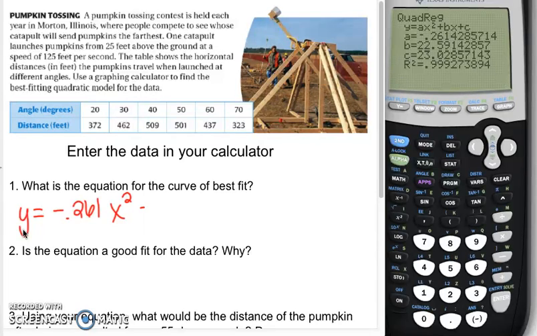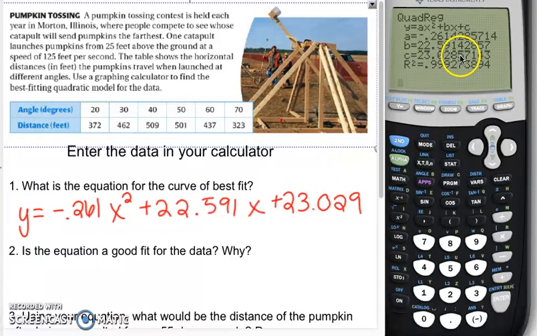Your b value is 22.591, and your b value has one variable with it. And then you have your c value of 23.029.